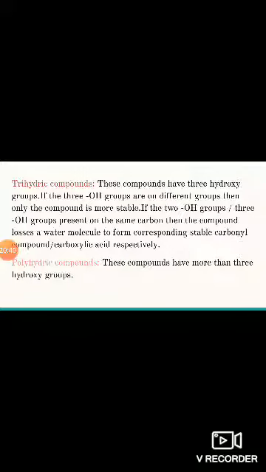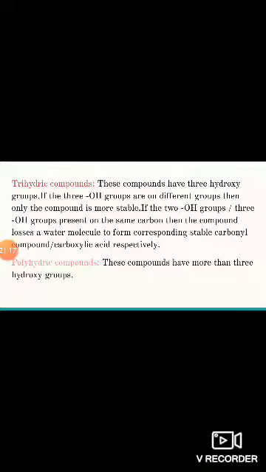If the three hydroxy groups are situated on the same carbon, it is unstable, then it easily loses one water molecule to form the corresponding carboxylic acid. If one hydroxy group is situated at one position and the remaining two hydroxy groups are situated on the same carbon, then also the two hydroxy groups lose a water molecule to form the corresponding hydroxy ketone.